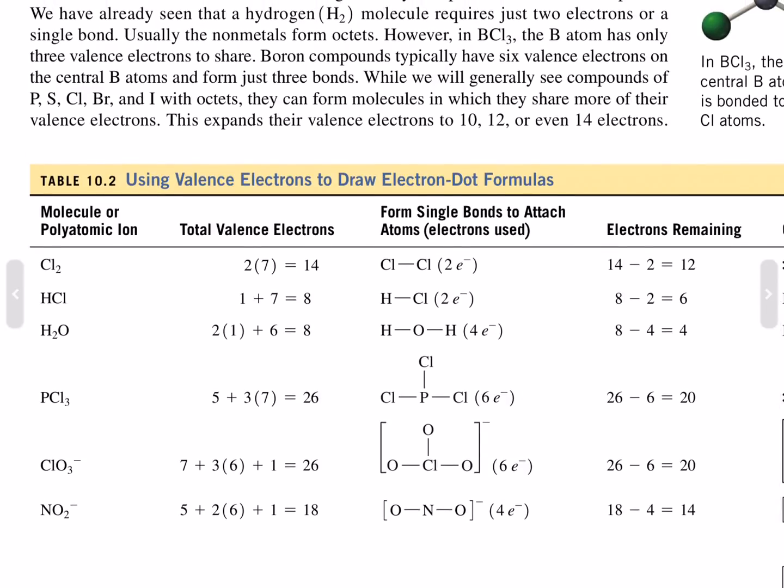Using valence electrons to draw electron dot formulas. Molecule chlorine, Cl2, has a total of 14 valence electrons. It forms a single bond to attach the atoms, using 2 electrons, so 14 minus 2 leaves 12 remaining.